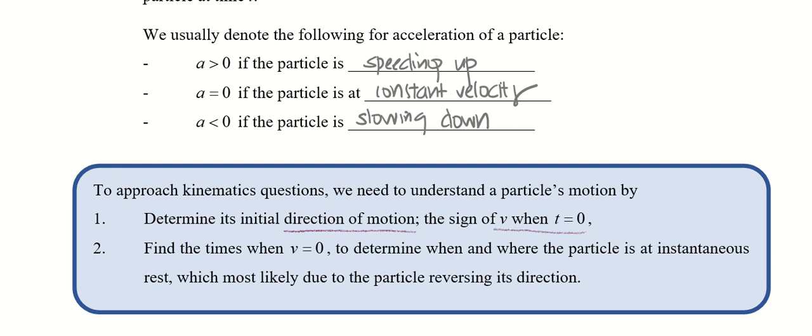The second thing we need to do is find the times where v equals 0, to find out when the particle is at rest, which is likely due to reversing its direction. We'll talk more about this when we look at more examples. You realize that it's guided. A lot of velocity, time, kinematic questions are all guided. So let's jump into example 1 right now.